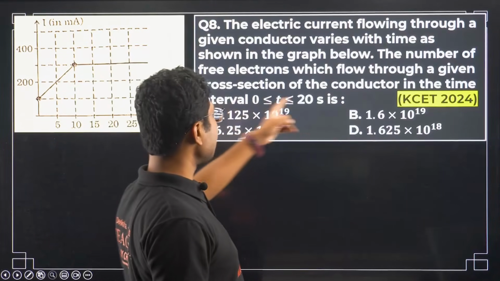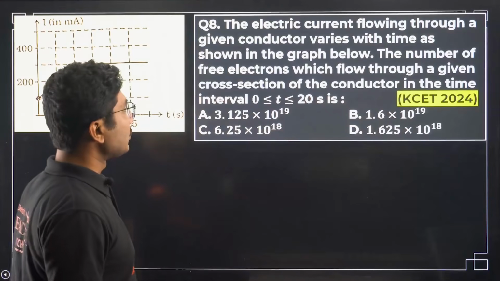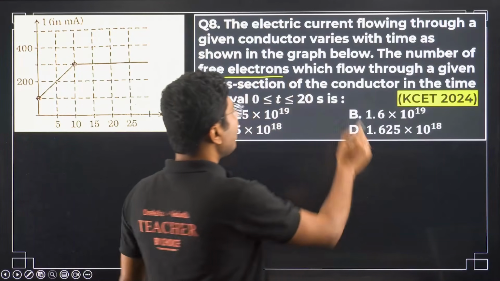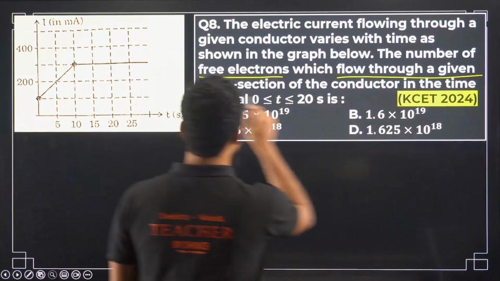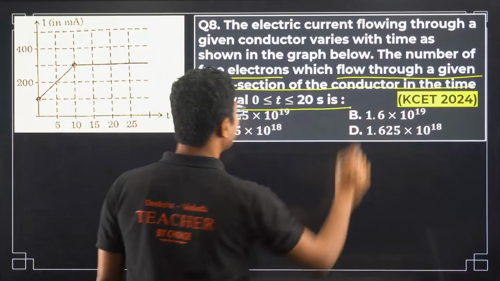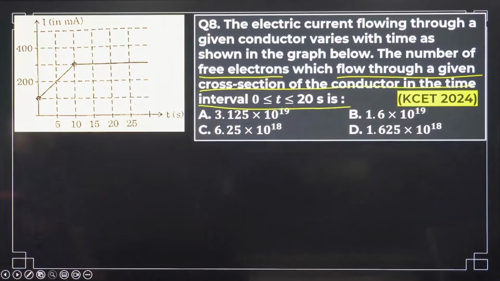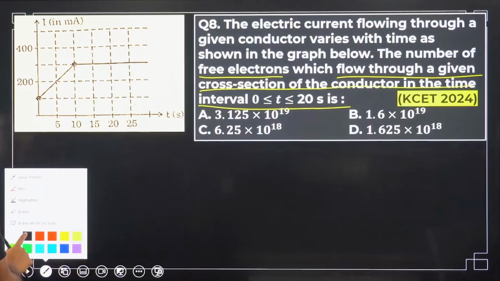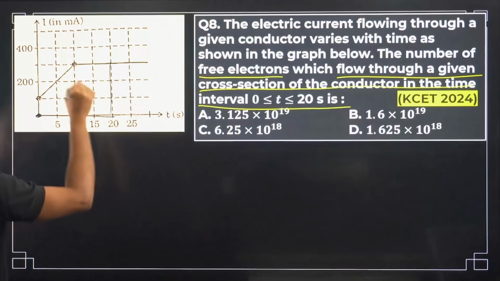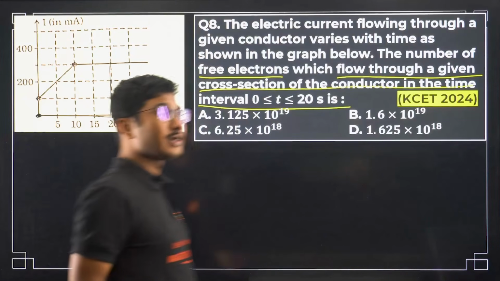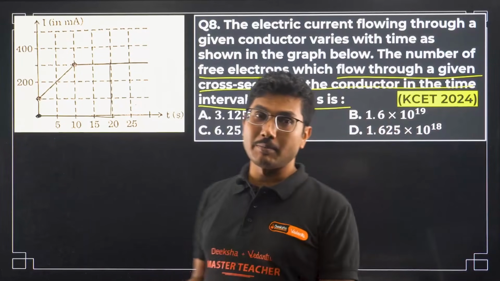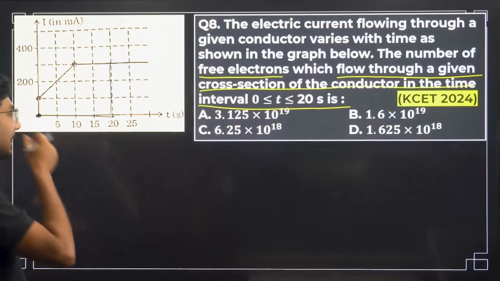Through a given cross section of the conductor and time, the number of free electrons which flow through a given cross section of the conductor in the time interval 0 to 20. So from 0 till 20, how many electrons are flowing, not the charge, very important, not the amount of charge but the number of electrons flowing during this time.